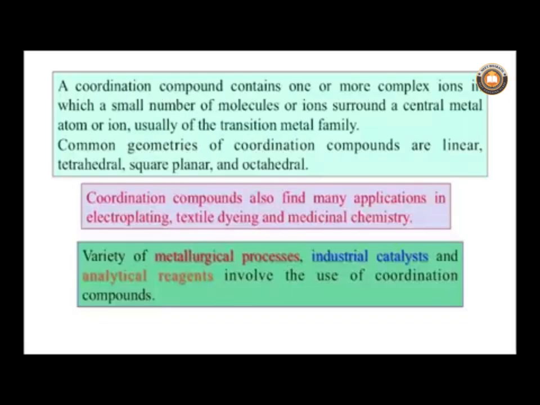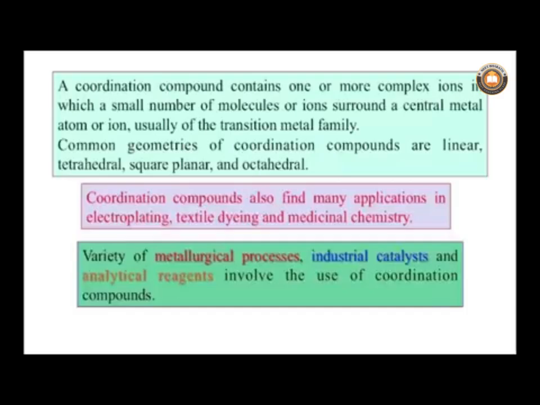In the examples we are looking at, a small number of molecules, what are those? It can be water molecules or it can be cyanide ions. A small number of those molecules or ions surround a central metal atom or ion, usually of the transition metal family.